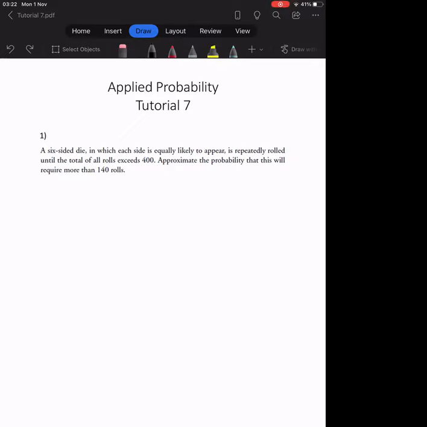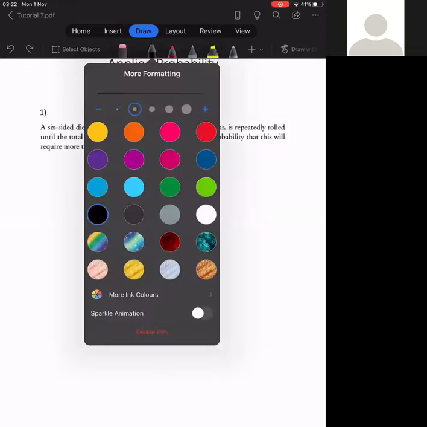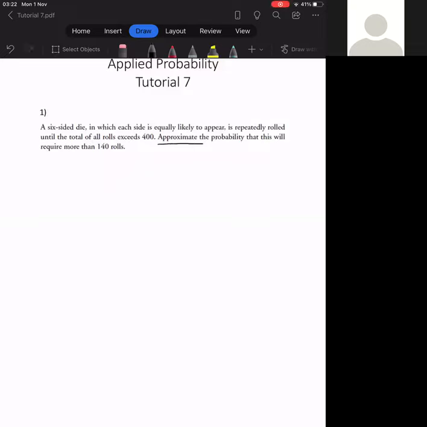Okay, so we want, so a die is repeatedly rolled. Let's just assume it can continue to roll forever, so it can roll an infinite number of times. We want to approximate the probability that this will require more than 140 rolls.